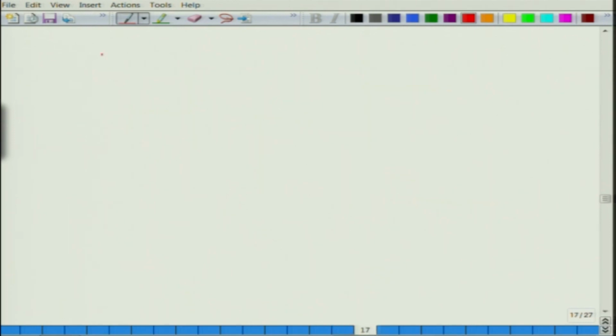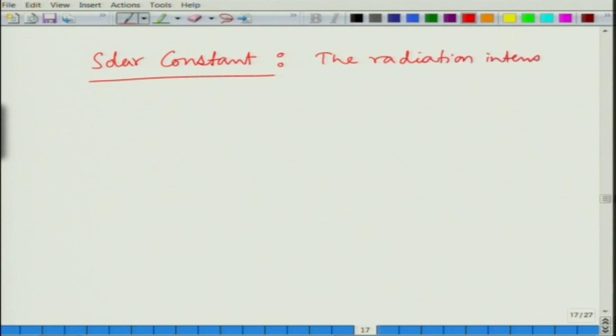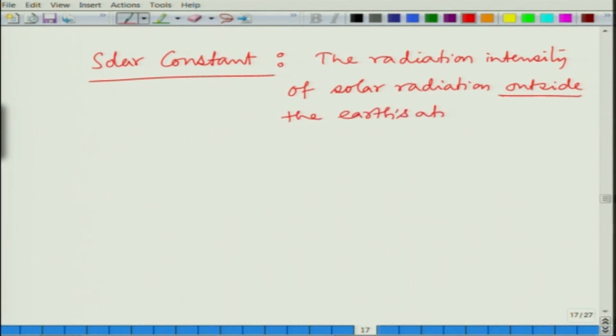Now, next we will define the solar constant. What is the solar constant? It is the radiation intensity of solar radiation outside, this is very important, okay, outside the Earth's atmosphere, okay, because atmosphere changes lot of things in the radiation.